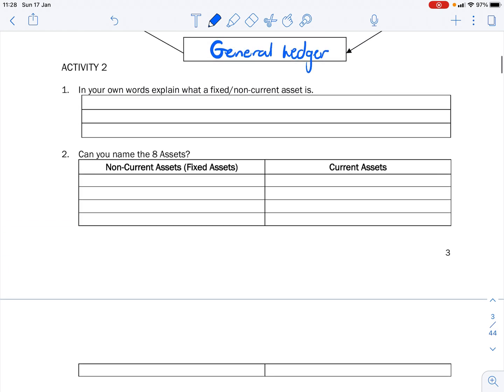Now, if we look at activity 2, in your own words, explain what a fixed or non-current asset is. A fixed asset or non-current asset is a long-term possession that is used to generate income for the business.